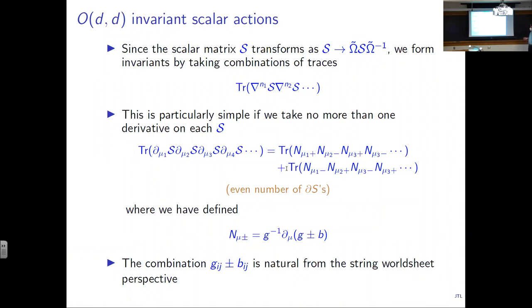Incidentally, I could more or less invert this to say the derivative of Gij is sort of n plus plus n minus, maybe divided by 2 or something like that. I could say Bij is n plus minus n minus. So basically, on the right-hand side, I can think of combinations of derivatives of the internal Gij and the internal Bij. So if I did a Kaluza-Klein reduction on the torus, I don't automatically see S. I see the right-hand side.